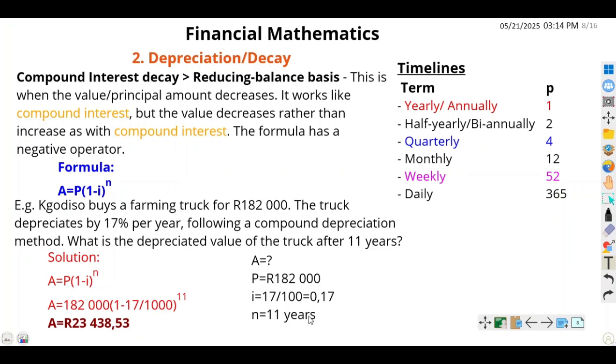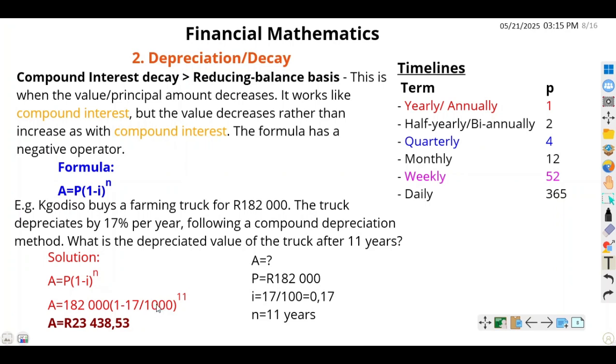So we use the correct formula for compound depreciation. Compound, to the power n; depreciation, minus here. A is equal to P, which is 182,000, into 1 minus R divided by 100, which is 17 divided by 100.